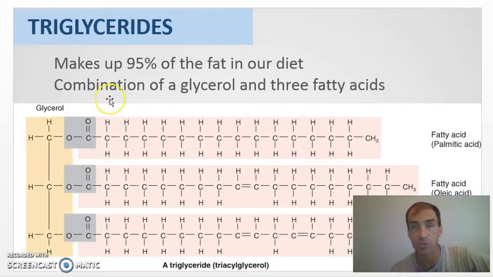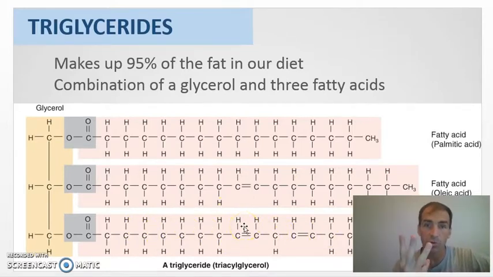And when we think of triglycerides, the basic structure of a triglyceride is going to be 1, 2, 3 fatty acids. And you'll notice here they can be saturated, as in palmitic acid right there. It could be monounsaturated, oleic acid. Or it could be like linoleic acid here, polyunsaturated.